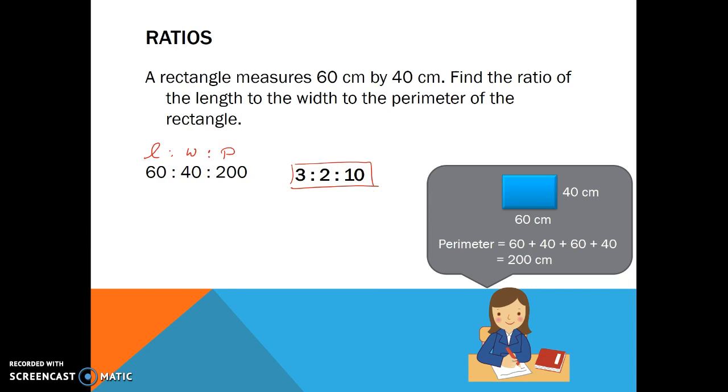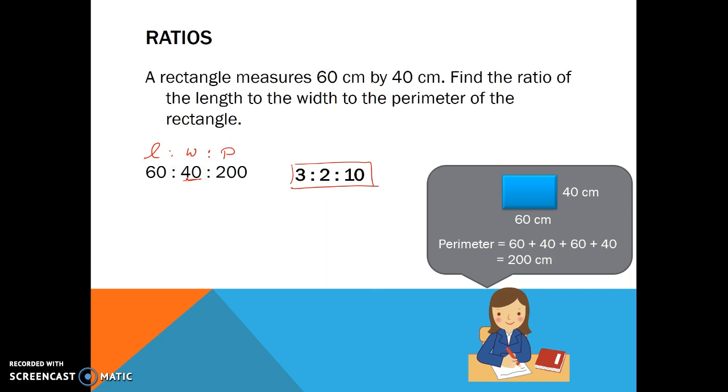So we need to do some division, and I'm going to look at this smallest number here to figure out what the greatest common factor is that I need to divide all 3 of these by. I'm not going to factor 40 because I can just look at this and know, since I can't divide 60 by 40, I'm going to have to go to the next greatest factor of 40, which is 20. 20 times 2 is 40, so that's a pretty easy one.